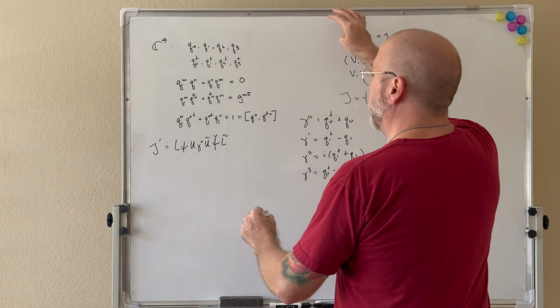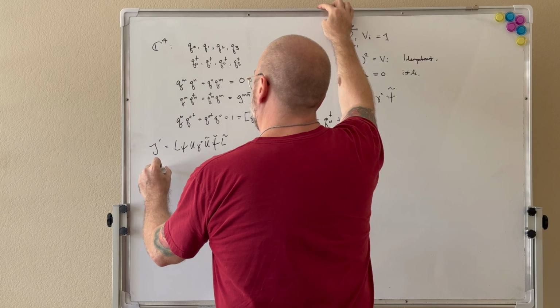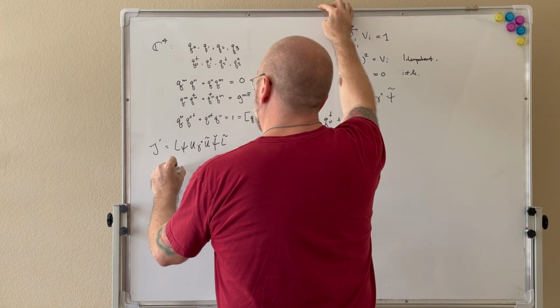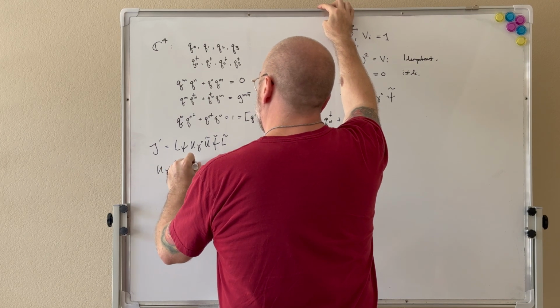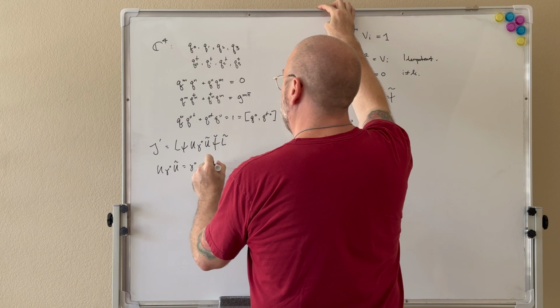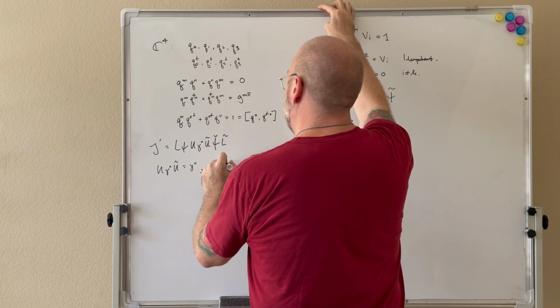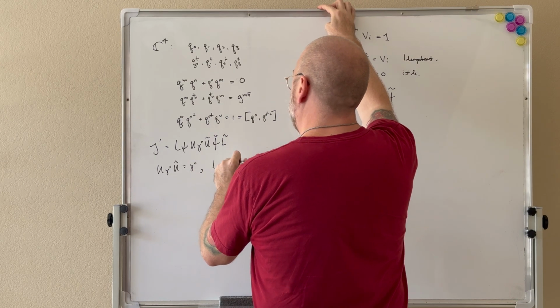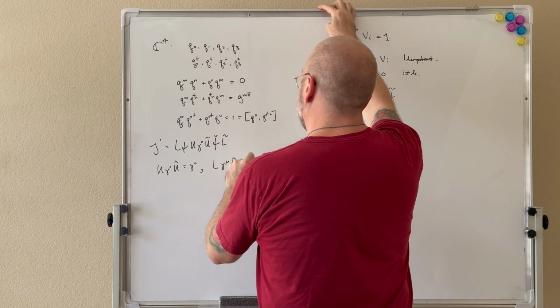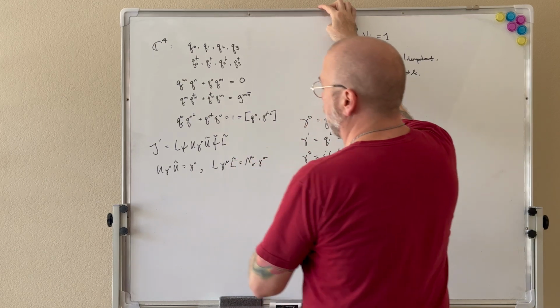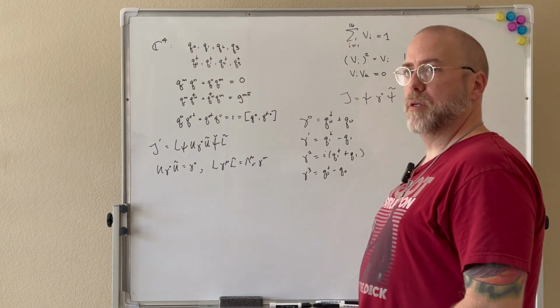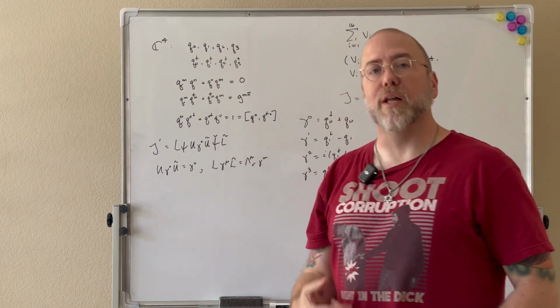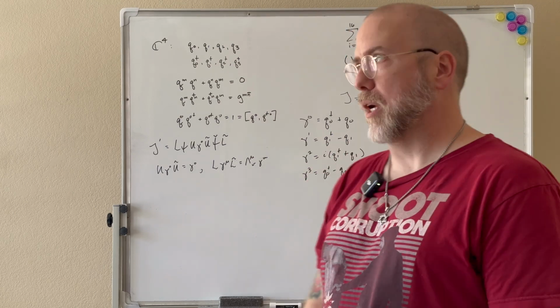So as before, our rules are, and L gamma mu L tilde has to equal some linear combination of gamma, so that it's a Lorentz transformation, so that J transforms like a vector. That's it.